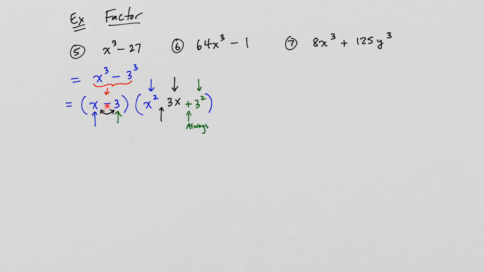If this sign is negative, this sign will be positive. If this is positive, this will be negative. So we have a negative here, that means this needs to be a positive. And that's all there is to it. So we'll just clean this up. This is x minus 3 multiplied by x squared plus 3x. And then, of course, 3 squared is 9.